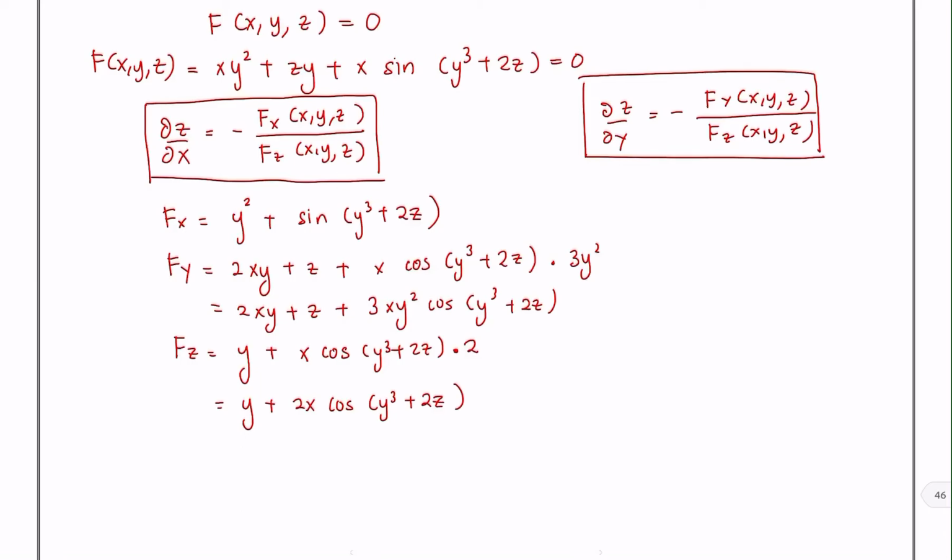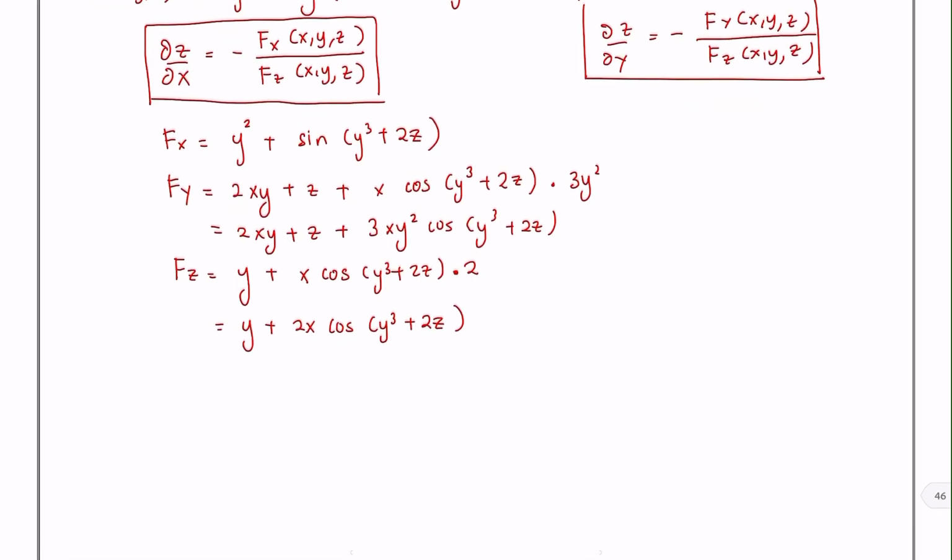Now it's easier for us because we already have f_x, f_y, f_z, so we just use the formula. Negative f_x is y squared plus sine of y cubed plus 2z over f_z, which is y plus 2x cos of y cubed plus 2z.